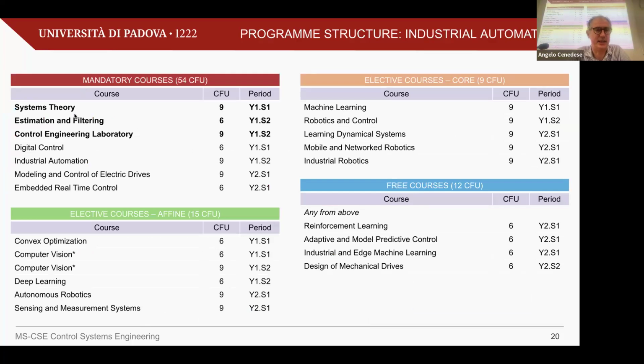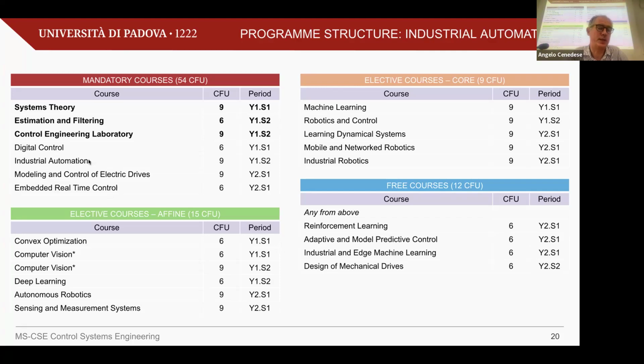The path is designed in this way. So the three already mentioned courses, plus digital control, industrial automation, embedded real-time control, and modeling and control of electric drives. With these three courses, we believe that we'll have a complete overview of modern industrial control systems. In particular, embedded real-time control is a laboratory-based course where you design controllers directly on the embedded hardware.